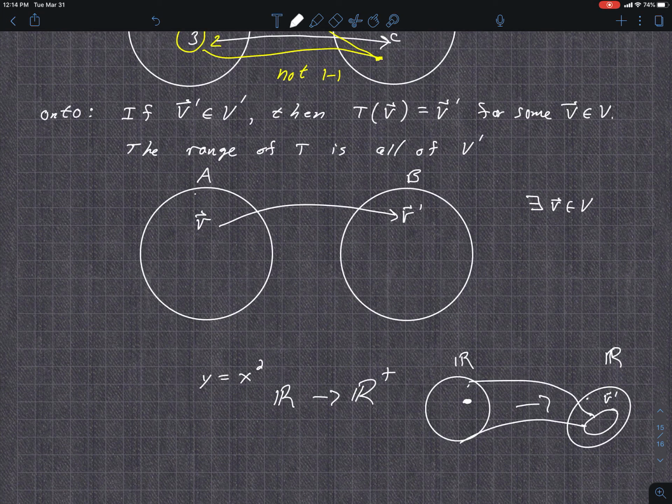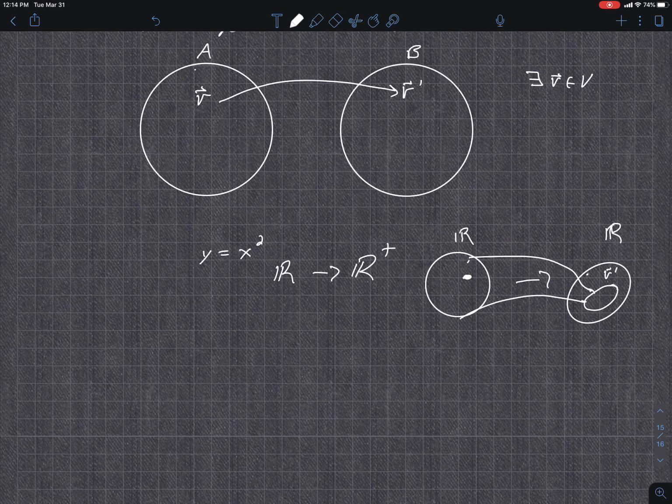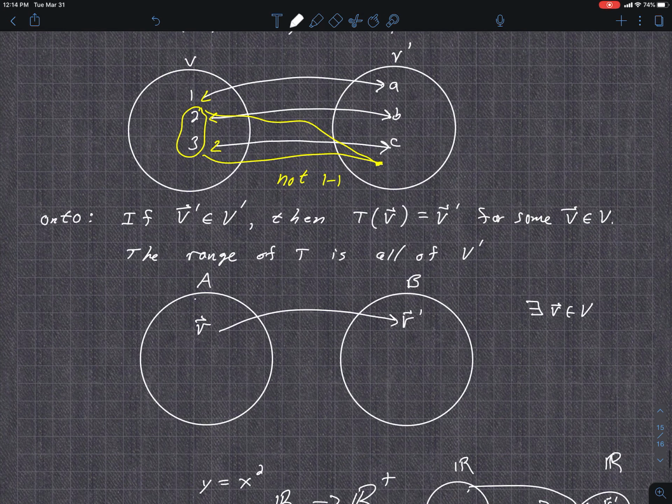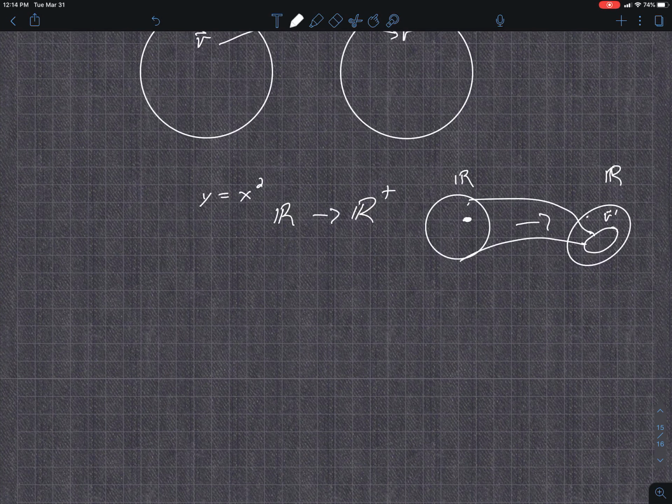We'll see another definition in a bit, and a couple of theorems first, but let's just state it so we have it. An isomorphism means a function is one-to-one and onto. So let me define that.